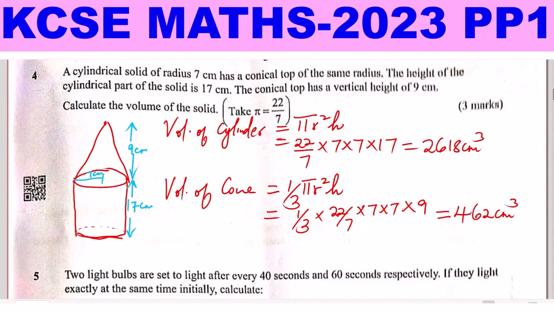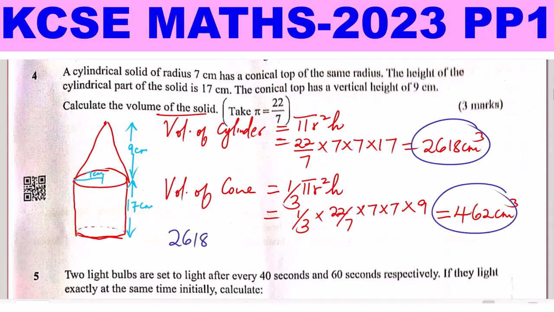Now the total volume of the whole solid is the volume of the cylinder plus the volume of the cone. So we simply add these: 2618 centimeters cubed plus 462 centimeters cubed. When you add these, you get 3080 centimeters cubed, and that is the volume of the solid.